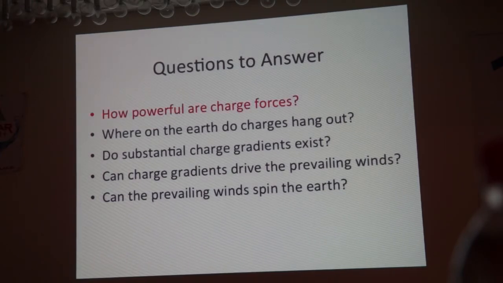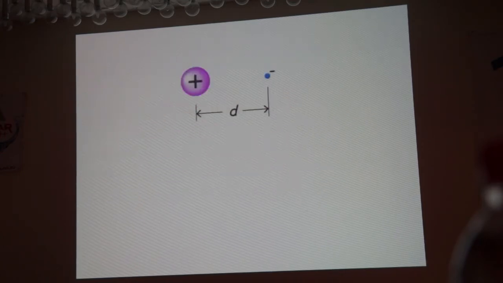Okay, so that's the structure. And the first question is, how powerful are the charge forces? I'm going to give you a few examples to demonstrate that charge forces are much more powerful than most of us think. Much more powerful. The first is this. If you put a proton next to an electron, at a distance d, of course there's an attractive force.